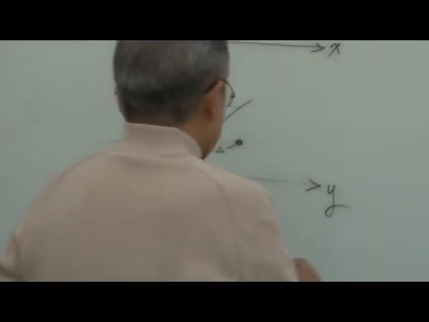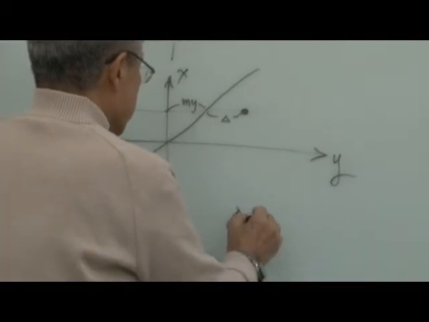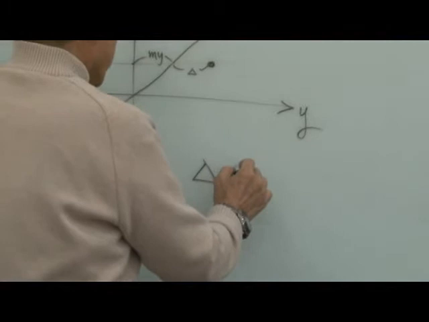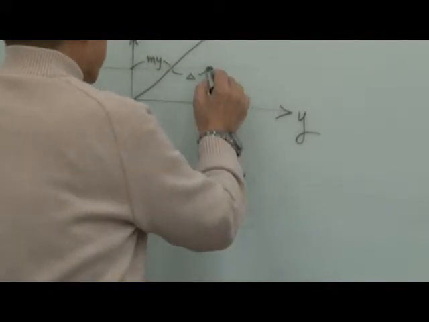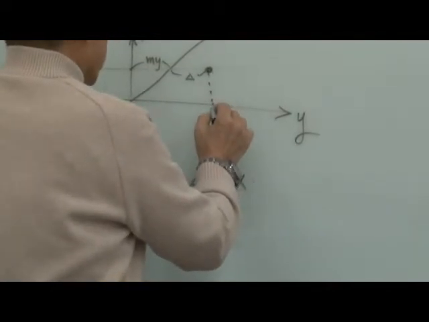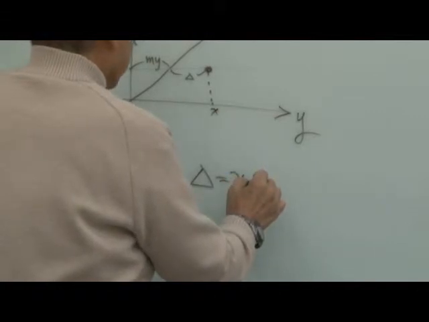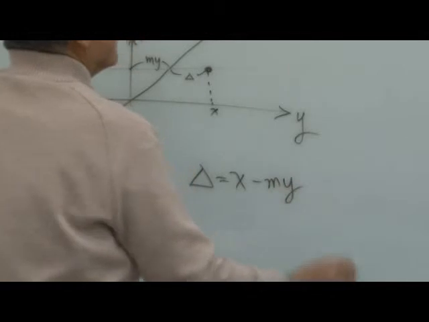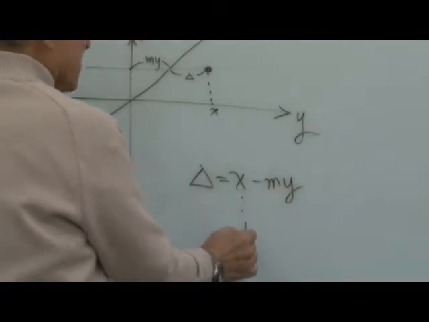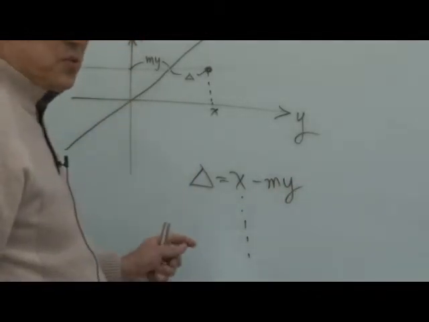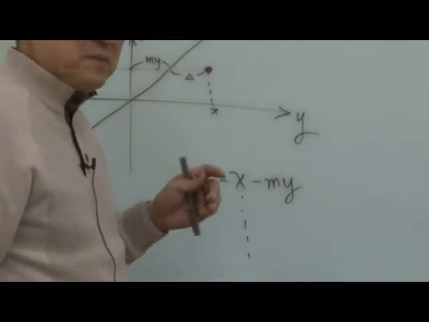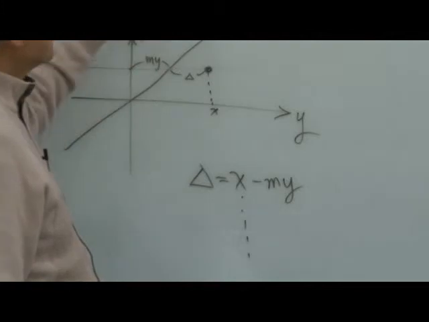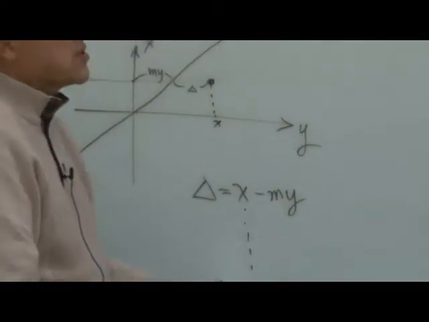So you can have deviation equal to x minus my. So you can just do the same approach to get the minimum, to determine the m, okay?